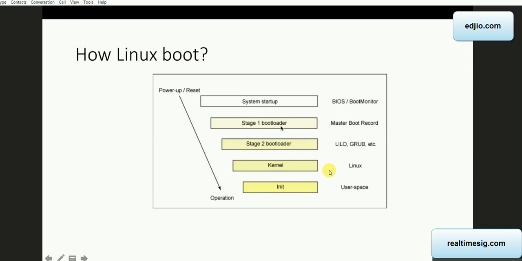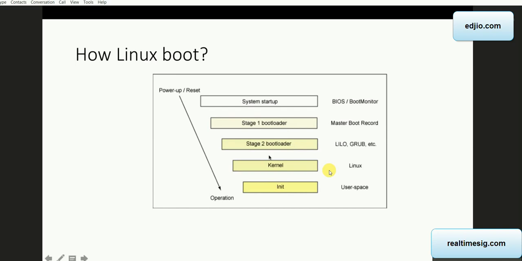Since the size of this bootloader is very small, which is 512 bytes, its responsibility is to load the next stage bootloader, so that the size is not restricted to 512 bytes, but is restricted to somewhere less than 1 megabyte.